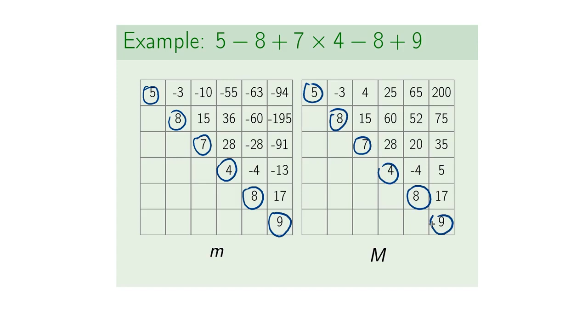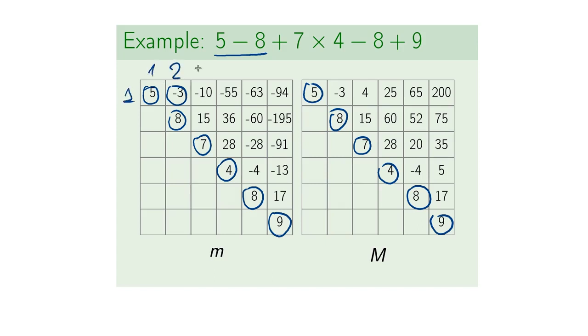We then proceed to the second diagonal. We put minus 3 here, and this corresponds to this sub-expression. Again, in this case there is just one operation, so there is nothing to minimize or maximize here, because there is just one order when we have just one sign. So we put minus 3 here. This corresponds to the subproblem 1, 2.